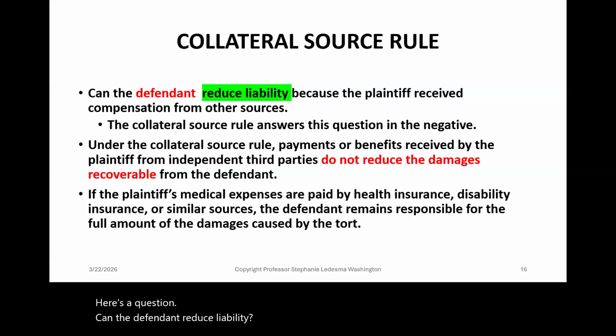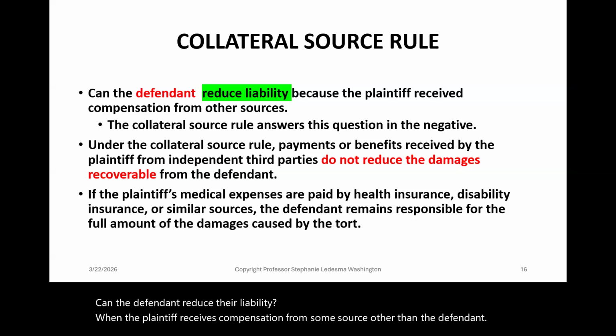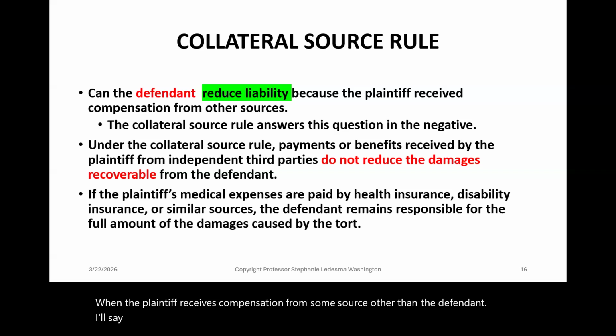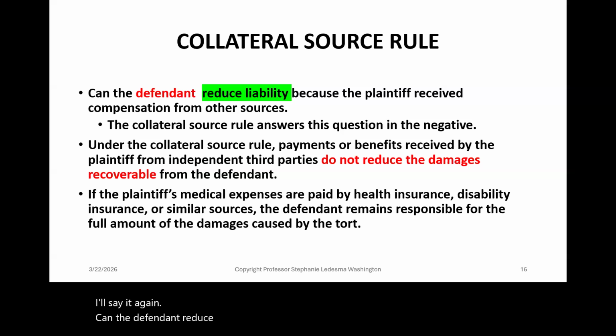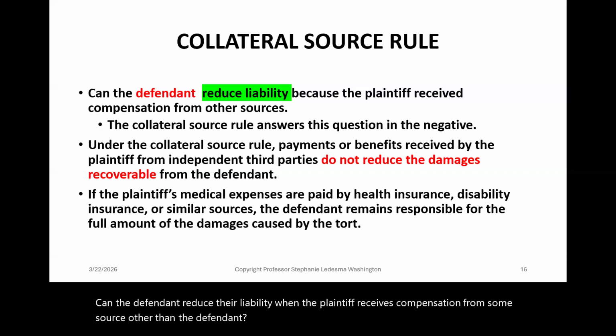Can the defendant reduce their liability when the plaintiff receives compensation from some source other than the defendant? I'll say it again. Can the defendant reduce their liability when the plaintiff receives compensation from some source other than the defendant? The collateral source rule says no.